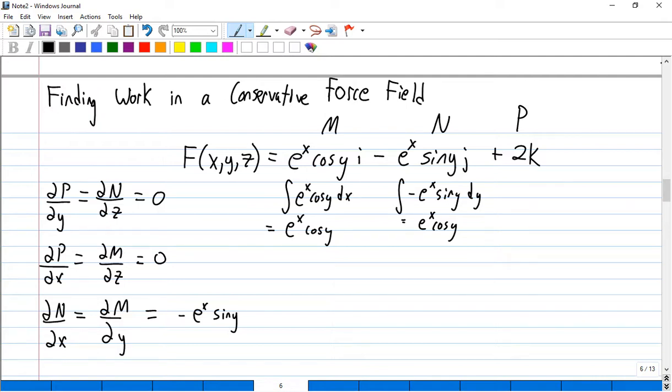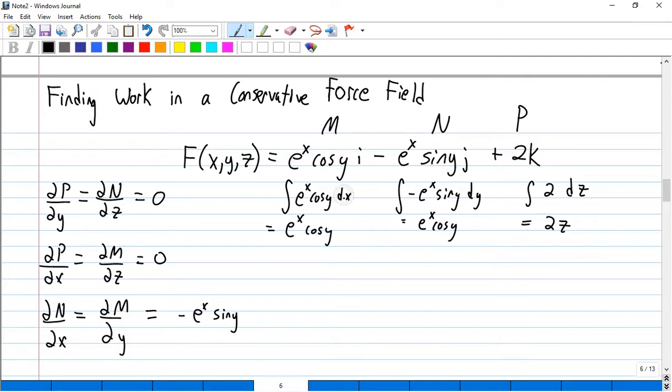And then the integral of 2, because of the k, it's with respect to what? Z. What's the integral of 2? 2z. All right, so, of course, like Harmony pointed out, she asked what were those extra things.